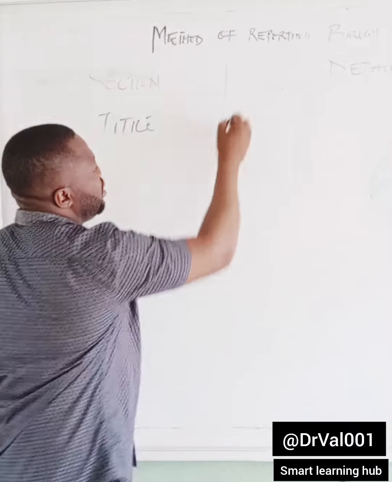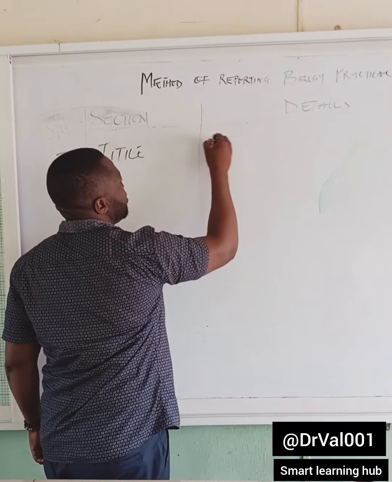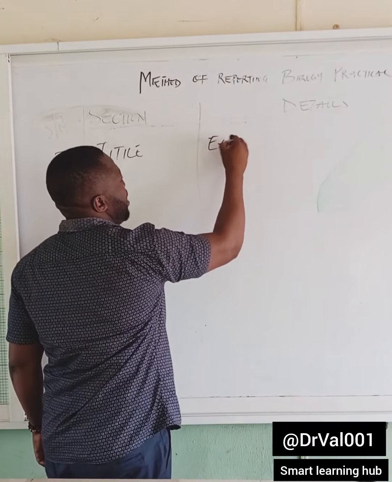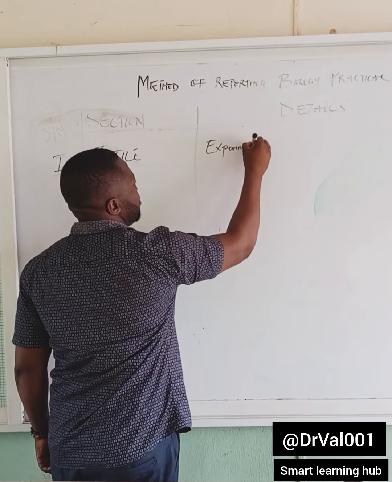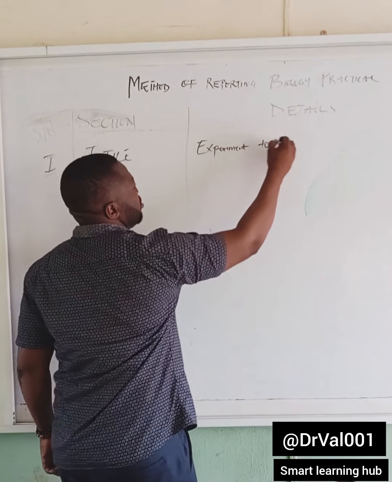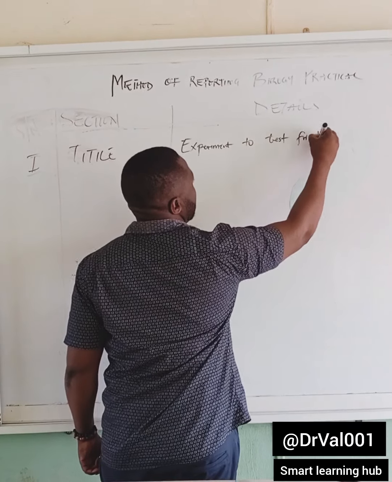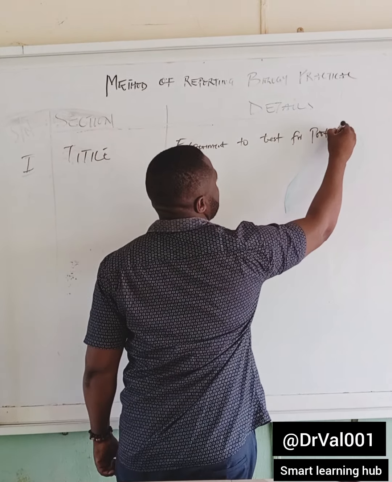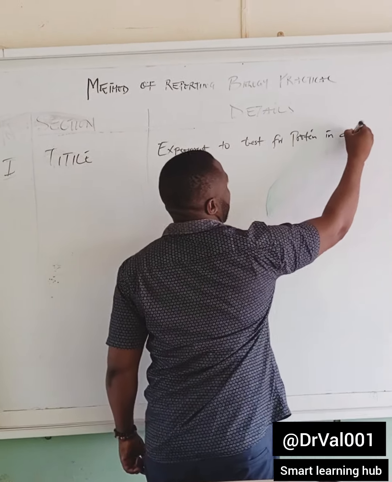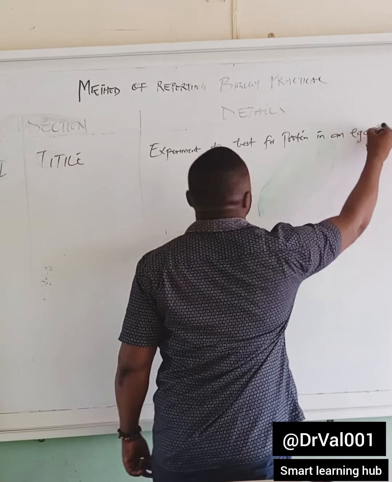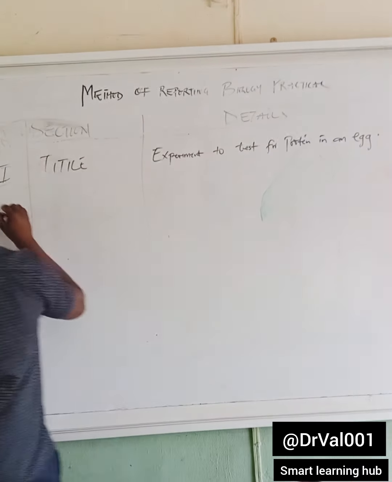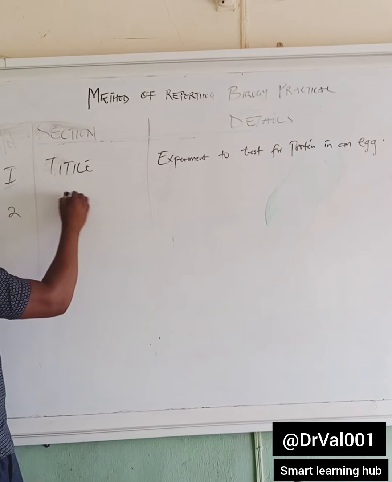Your title is: experiment to test for protein in egg. Two is your aim.